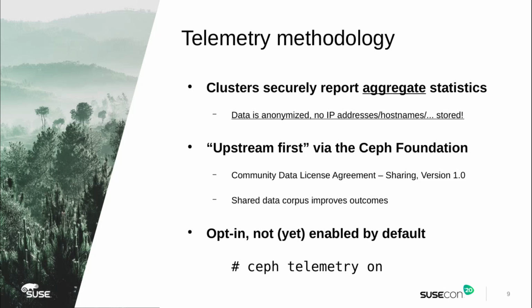It is not enabled by default. You have to turn it on via the command ceph telemetry on your cluster. We encourage you to do that. But again, we are not at this point enabling it by default. So we are taking a number of precautions to ensure that the data remains private, that we build a significant amount of trust with our users, and that we prove ourselves worthy of it.